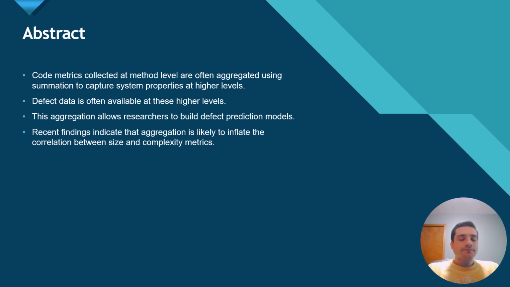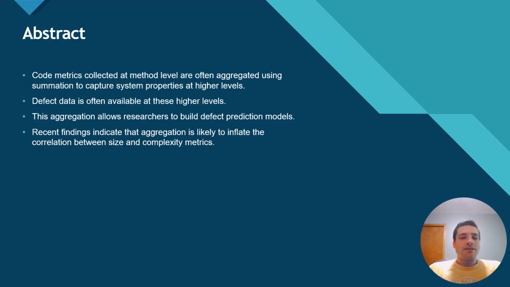So in this research paper, it talked about how code metrics are collected at the method level, and then they're often aggregated using summation to capture system properties at higher levels, such as at the file level.